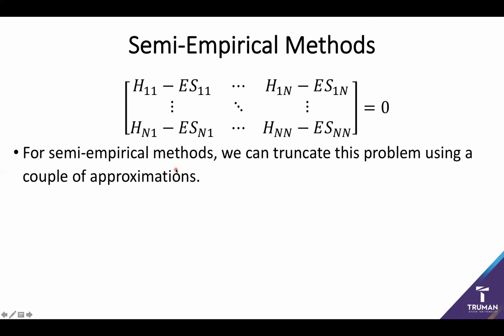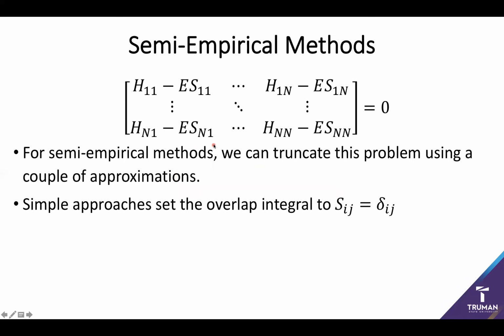So they use a series of approximations. And we're going to focus by first looking at these overlap integrals. So there's a lot of different semi-empirical methods, but these simplest methods, these are often quick analysis methods, not the ones most commonly used, take a fairly simple approach, and the same one we use with Huckel theory. I simply set my overlap integral to a Kronecker delta.